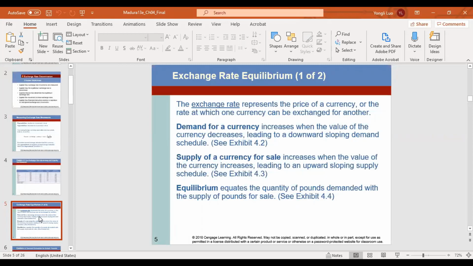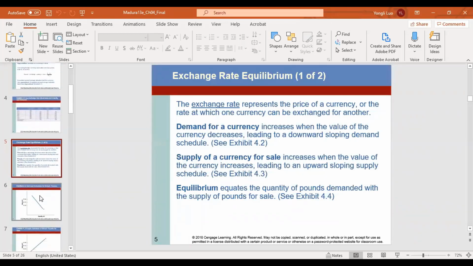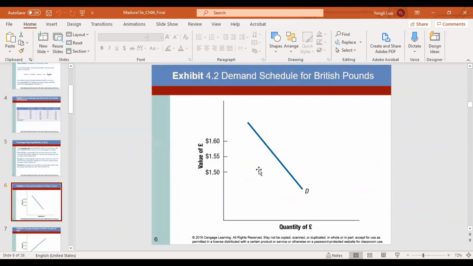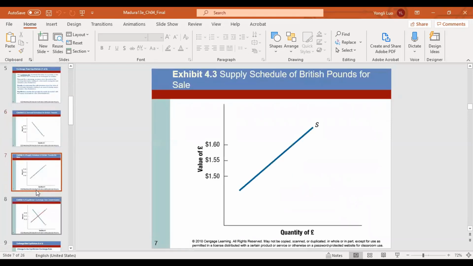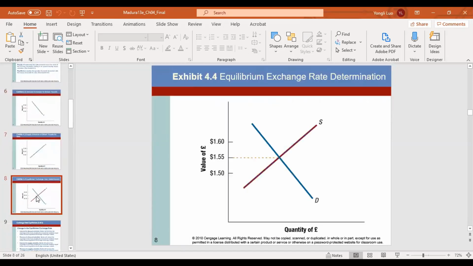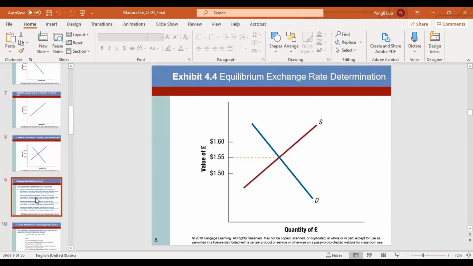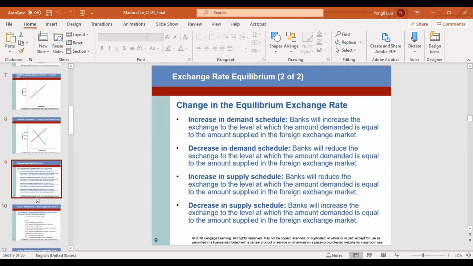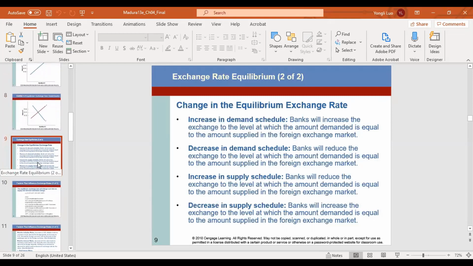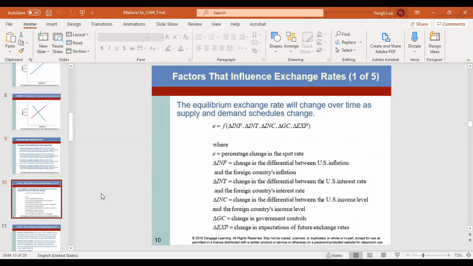The equilibrium equates the quantity of pounds demanded with the supply of pounds for sale. The equilibrium exchange rate will change over time as the supply and demand schedules change.